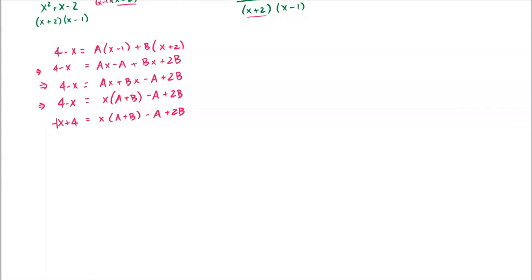Okay, so let's figure out what equals what. A plus B goes with the -1, and negative A plus 2B equals positive 4. Therefore, A plus B equals -1 and negative A plus 2B equals 4.